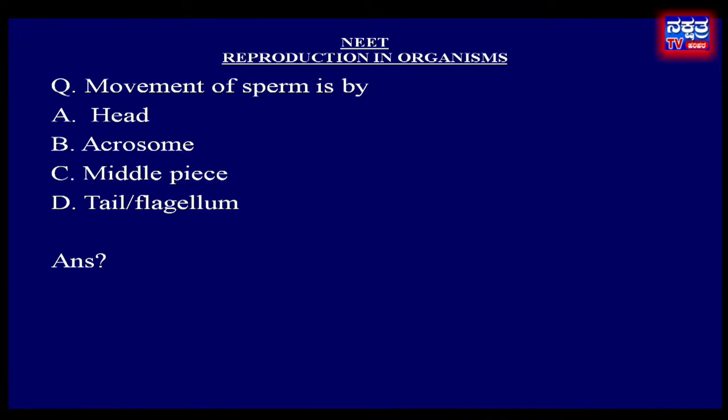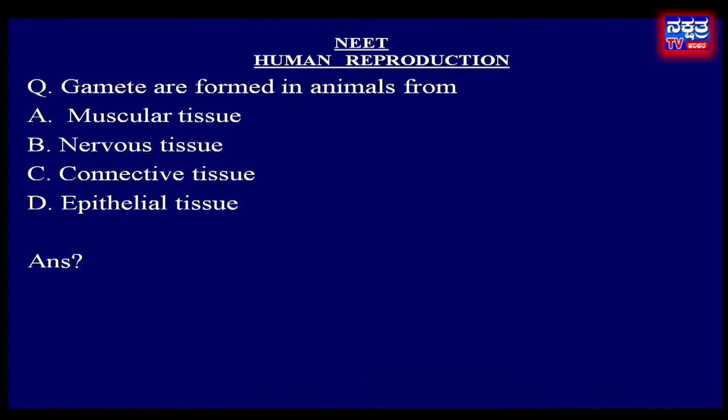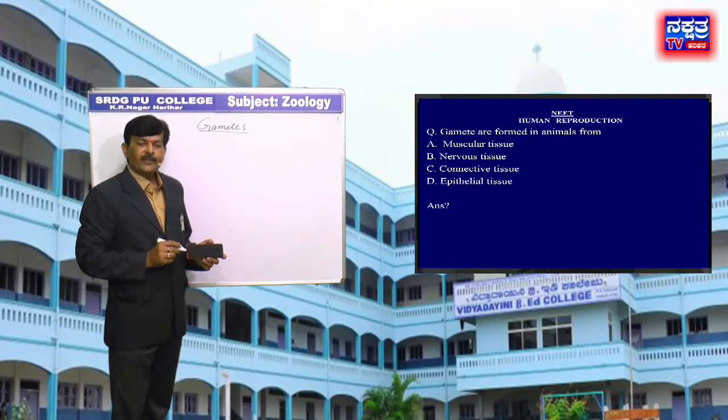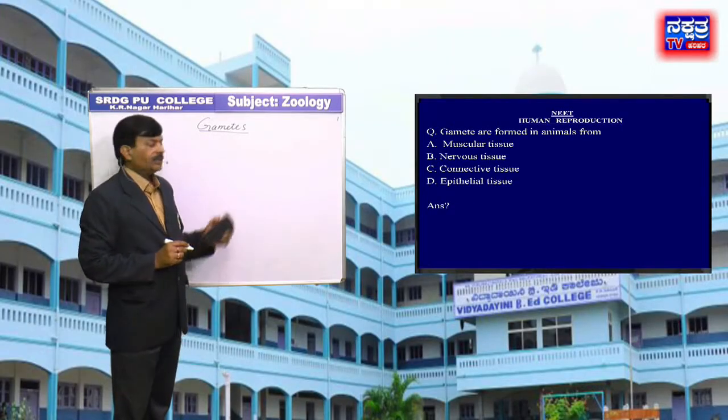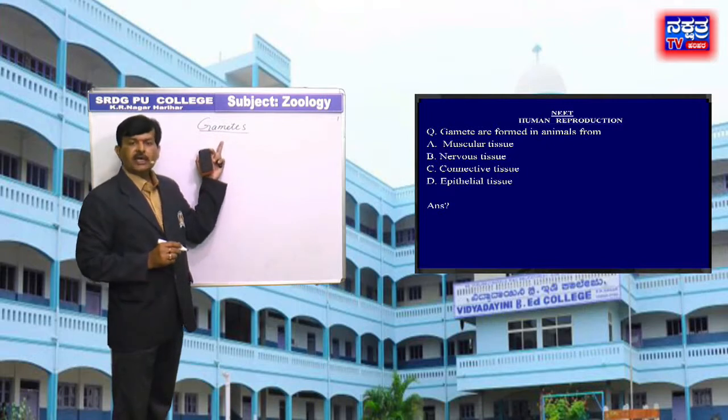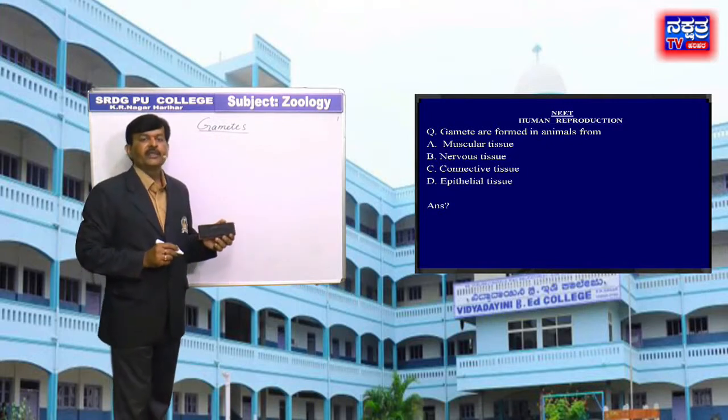Move to next question. Gametes are formed in animals from option A, muscular tissue, B, nervous tissue, C, connective tissue, D, epithelial tissue. Watch on board. Gametes are the reproductive cells or germ cells.